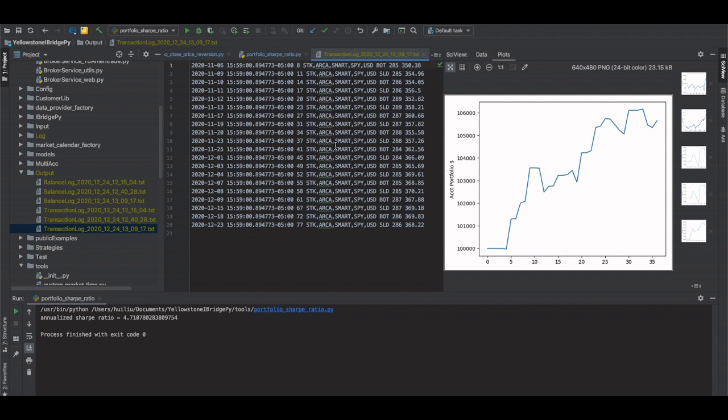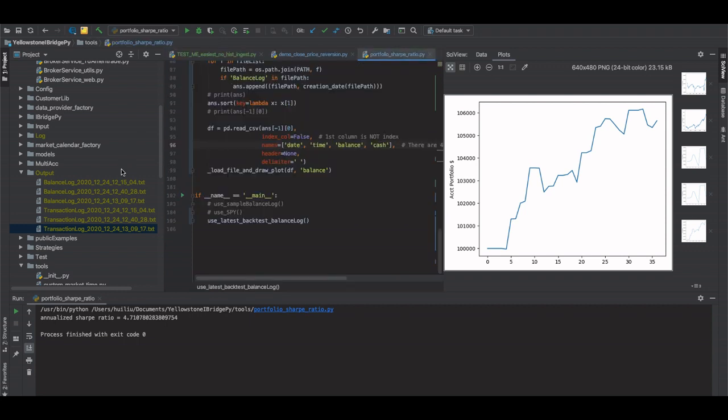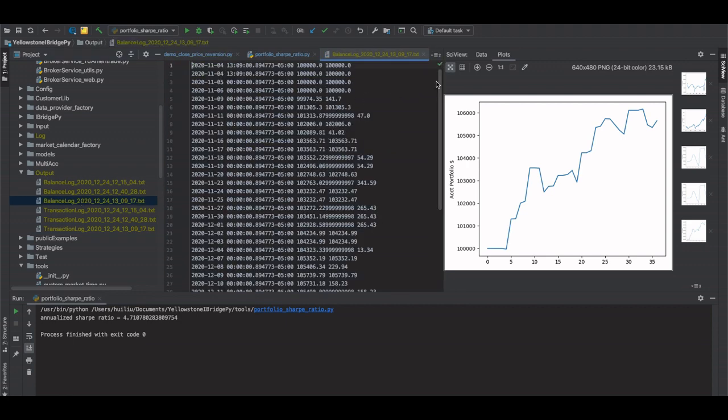This log shows the transactions that happened during the backtesting. We can see, from right now going back 50 days, these are the transactions that happened. You can see bought, sold, the transaction is SPY, and the price. And there's another log called balance log. This log has 4 columns: date, time, the account portfolio value, and the cash value.